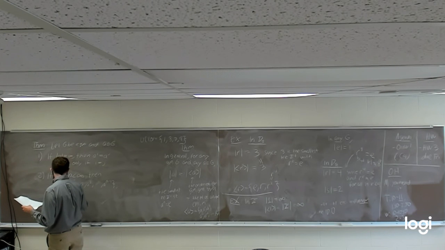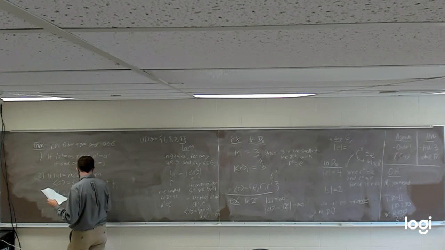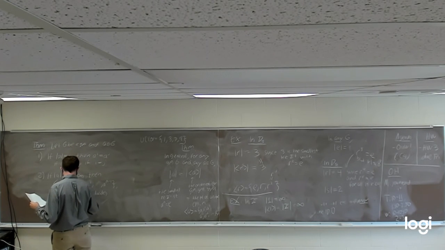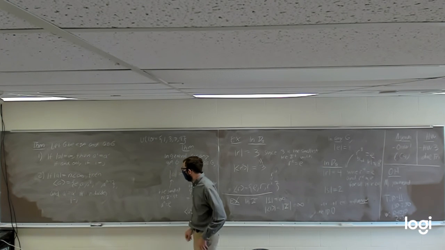And I claim that A to the I is equal to A to the J if and only if n divides I minus J. In other words, if I minus J is a multiple of n.